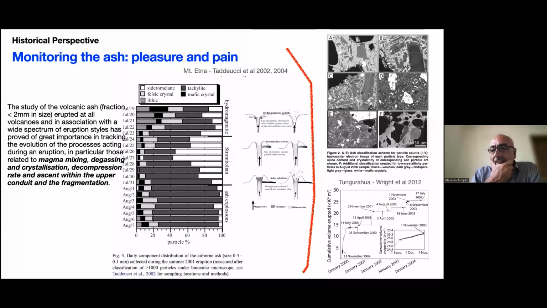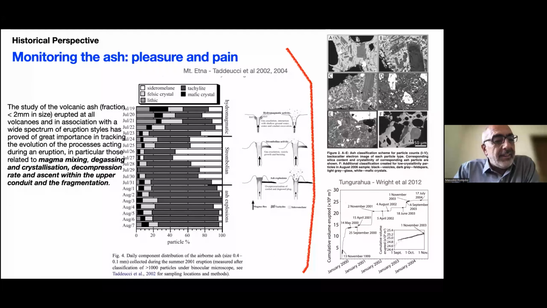I go very quickly. Another thing that volcanic products can be used for in monitoring is the ash. Ash is easier because it is easy to collect; sometimes it arrives on your head or your car or on the roof and so on.